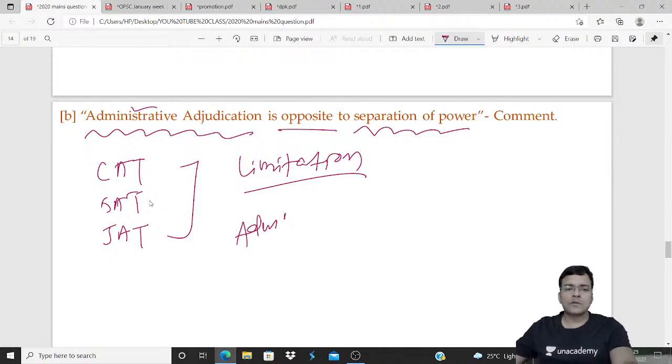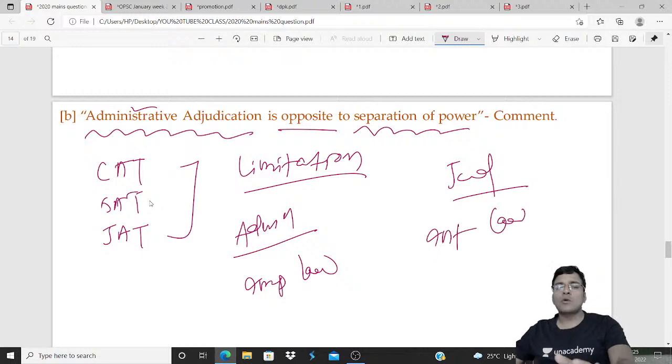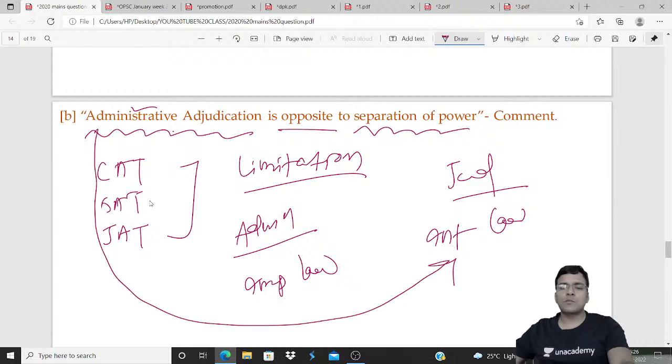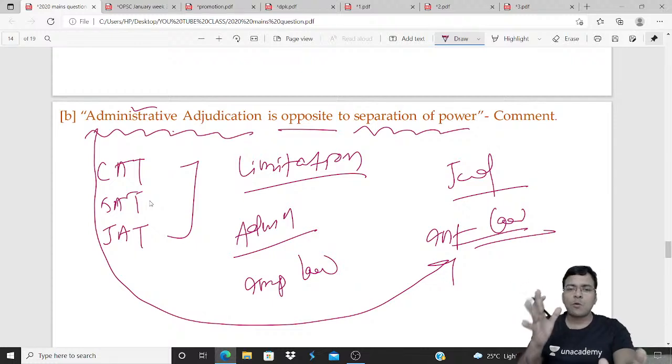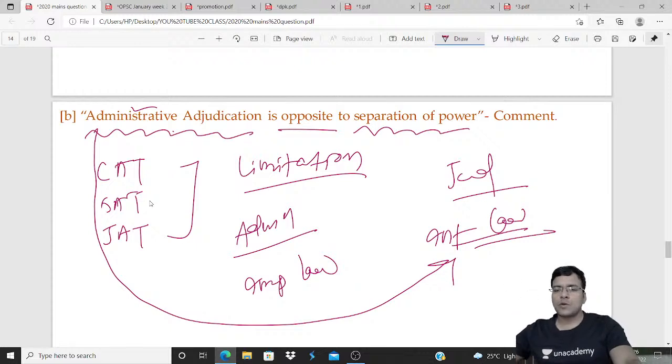Because administration should implement law, and it is the judiciary who interprets law. But what is found under administrative adjudication is that the administration now interprets law, interfering in the work of the judiciary. So it results in violation of separation of power, which the constitution wants in DPSP. Get it? So this question is from Unit 6.